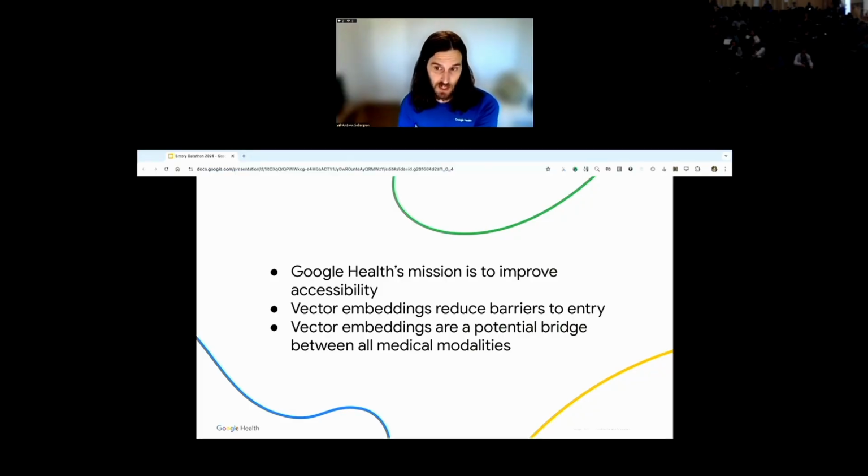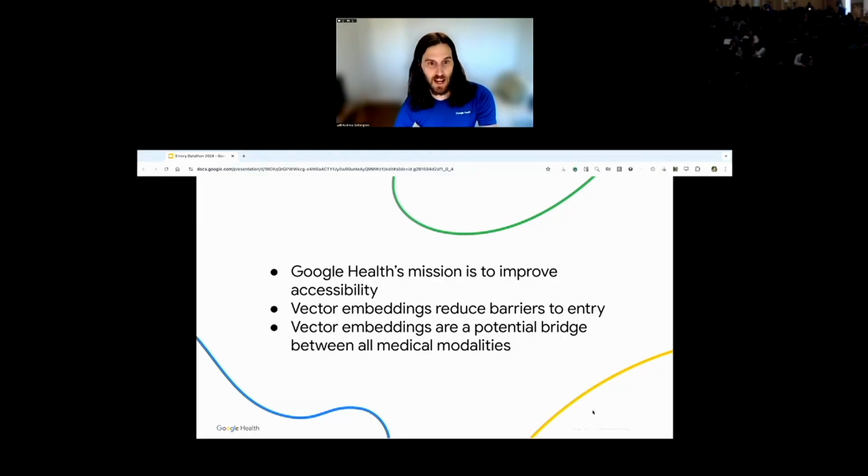Vector embeddings themselves are actually a way of improving this accessibility, so they reduce barriers to entry. And finally, vector embeddings are also a potential bridge between all these different medical modalities, and paving the way forward into this brave new world of large language models as well.